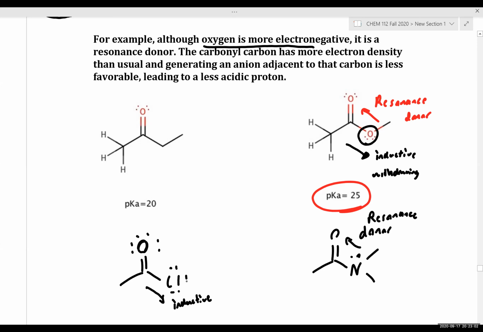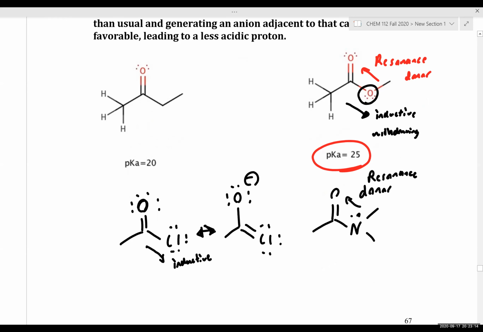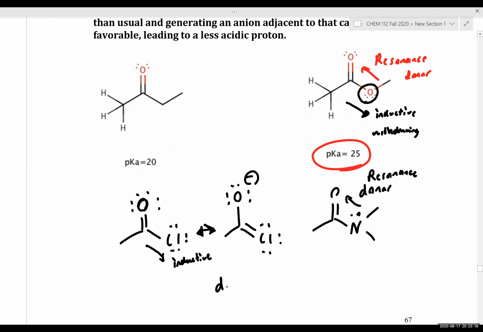And if we think about our resonance structures for chlorine, the relative amount of donation, is it going to be major or minor when we have a resonance structure that looks like this for our donor structure?